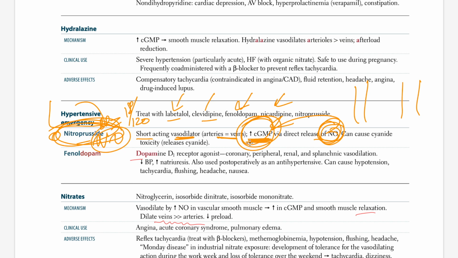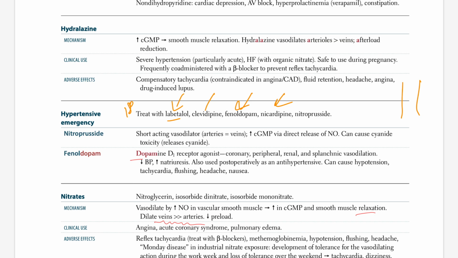So it directly increases cyclic GMP, but high yield is cyanide toxicity, because nitroprusside is a complex of what? It's a complex of iron, cyanide, and nitrogen group. So it has cyanide inside. That is why it can cause cyanide toxicity, because it releases cyanide. Okay, and that is what we have.